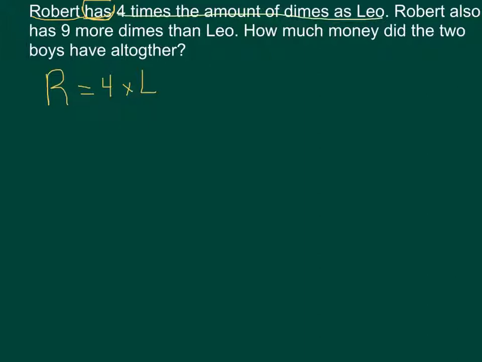What else do we know? It looks like that Robert, same Robert, also has 9 more dimes than Leo. Right, the word more indicates that we're going to add to it. So we could say Robert also has 9 plus however many dimes Leo has. We don't know how many dimes Leo has, but we can find out.